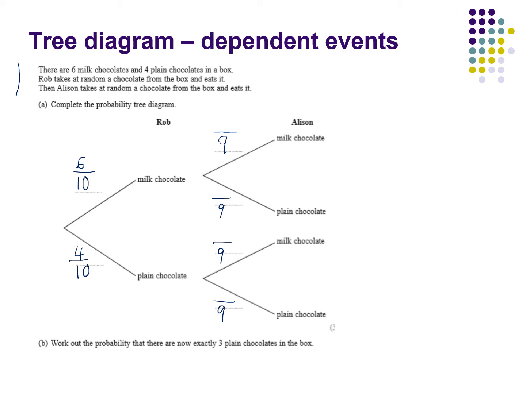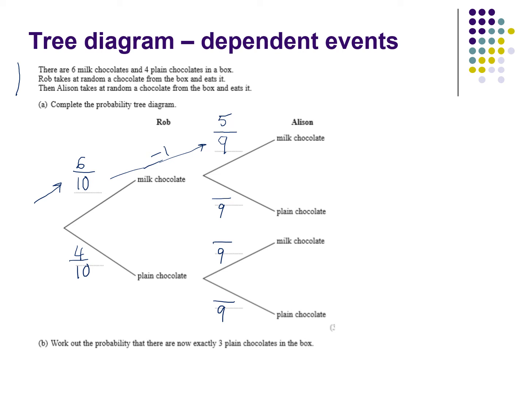Okay, let's think about Alison then. She's going to choose a milk chocolate. How many milk chocolates are left? Well, there were 6 to start with and Rob's eaten one, so there's 5. Okay, happy with that? 5 left. Notice the denominator has gone down by 1. That's why leaving this in an unsimplified form can help you, because you know you need to subtract 1 from the denominator because there's 1 less chocolate in the box.